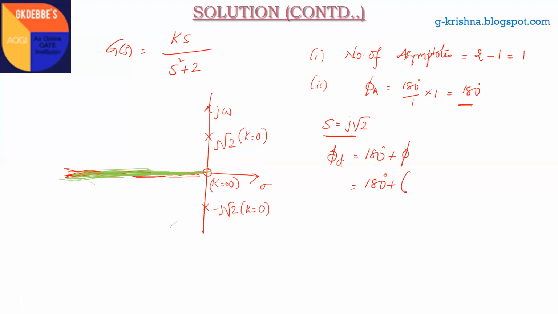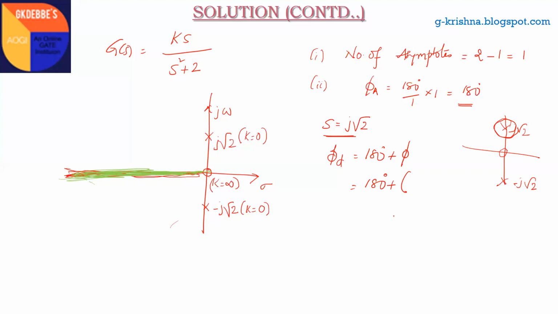I will explain this with a graphical method. This is the location of open loop poles and zeros, and here we have to find the angle of departure of this imaginary root. Phi is measured as the angle from all the remaining open loop poles and zeros to that imaginary root.